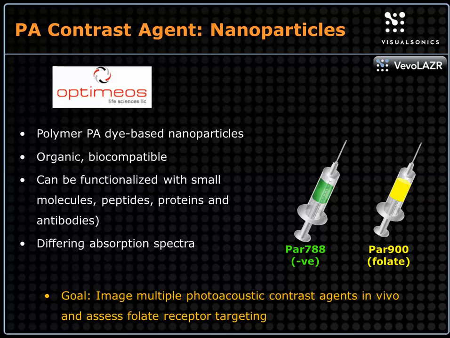So just to reiterate, the goals of this study really were to image, and the goal of the tutorial really is to show how to image multiple photoacoustic contrast agents in vivo in the same animal. And a sort of side goal of that is also to assess the folate receptor targeting ability of this nanoparticle from Optimios.